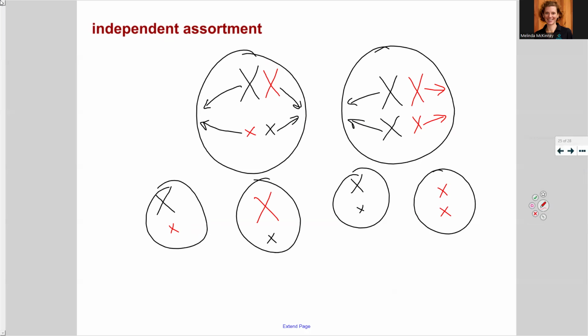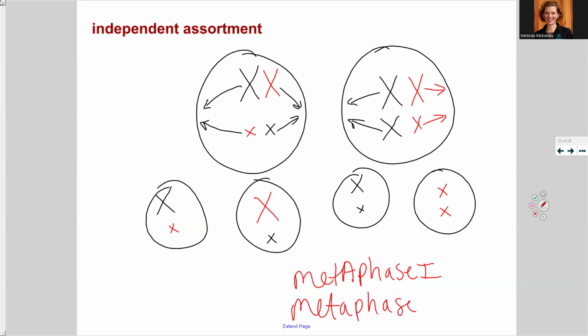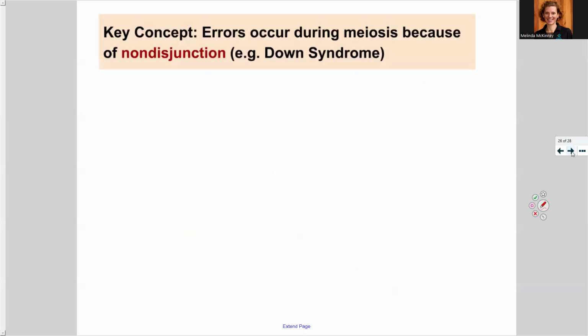This occurs in metaphase 1, which is illustrated here, and it's also going to occur in metaphase 2. In metaphase 2, how those sister chromatids separate to the daughter cells is also independent assortment. So that increases genetic diversity.